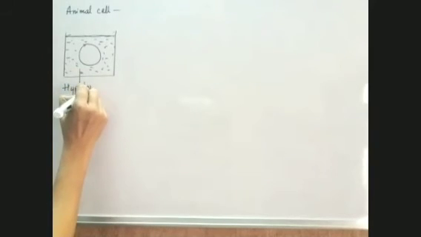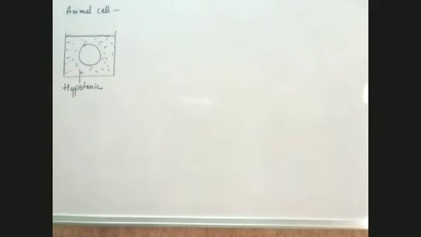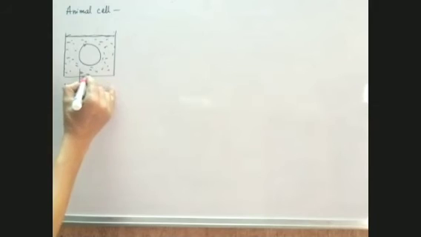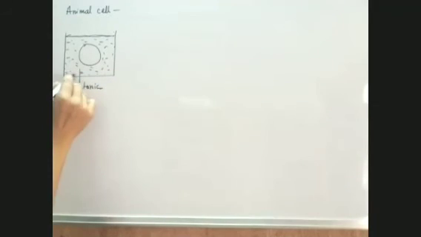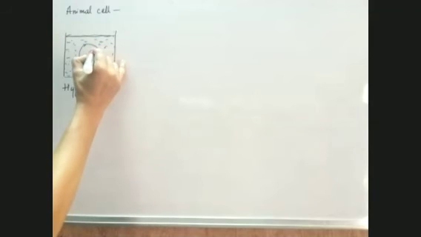Now when we say hypotonic, hypotonic to which particular solution? Hypotonic to which particular fluid? Whatever is present in this tumbler is hypotonic to the fluid which is present inside the cell.